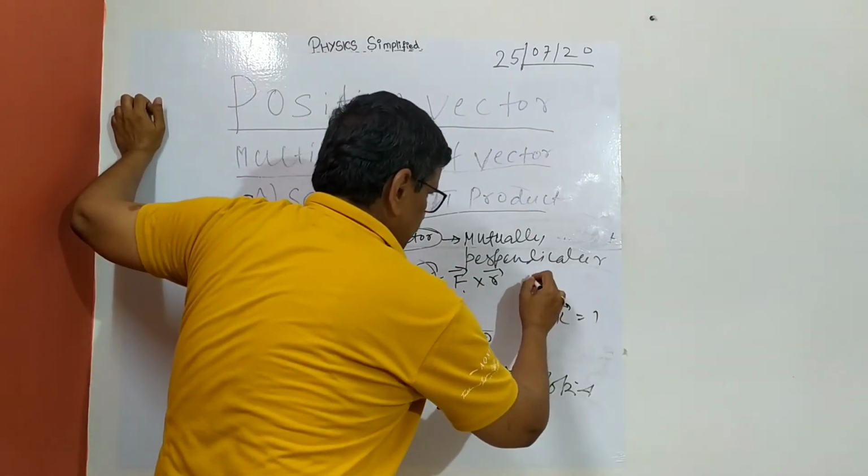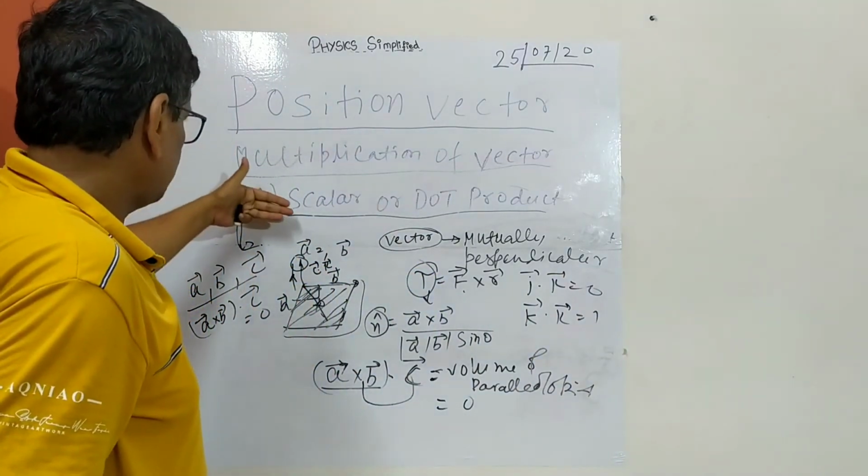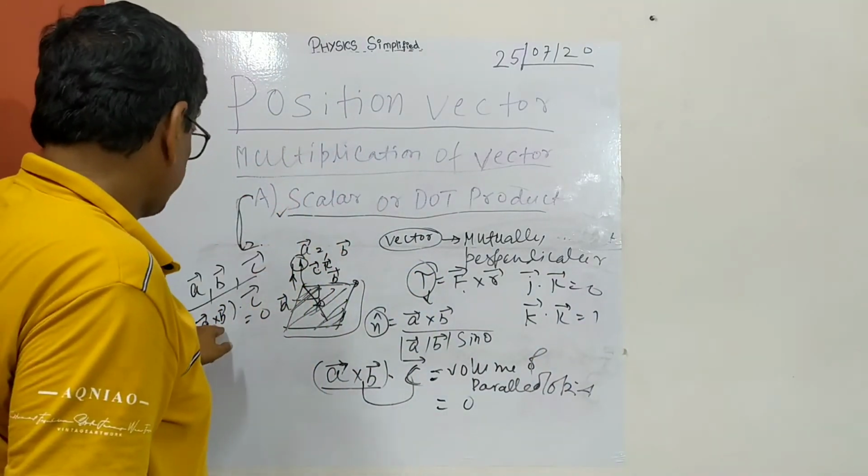I have already shown J dot K is 0. So this shows you can use this integration to solve these problems.